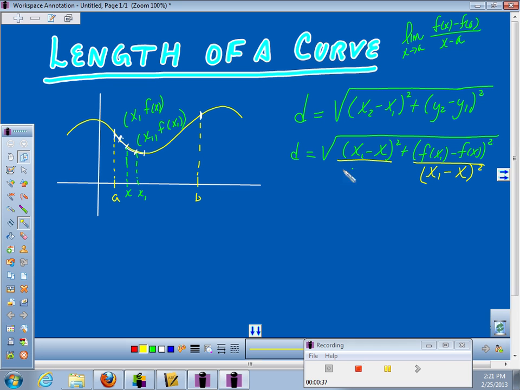As long as I divide it all by the same quantity, it'll work. The first part of that square root then becomes a 1. And I just have 1 plus. And since both the top and bottom here are squared, can't I just put that as f of x sub 1 minus f of x all over x sub 1 minus x and put it in a great big giant square?